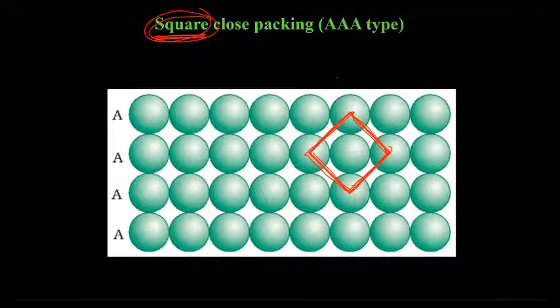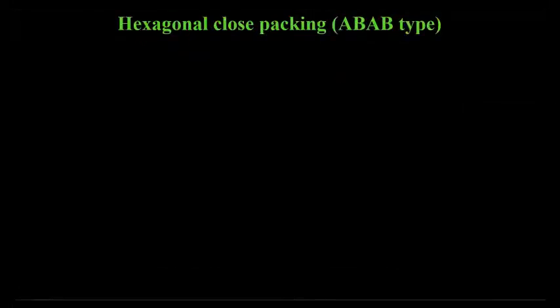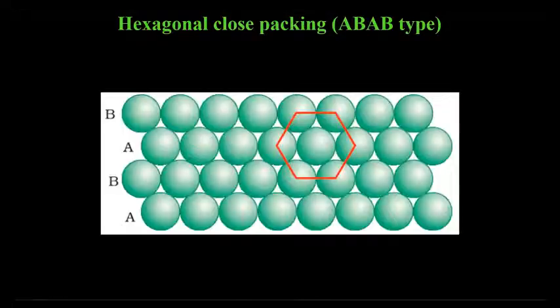Now the next one, hexagonal closed packing. And why we call it ABAB? This is that we have one line, but the other line is not just above it. The other is slightly shifted such that the atom of the other one is in the groove of the first one. A groove is being formed. In this groove, the atom of the second line or row.